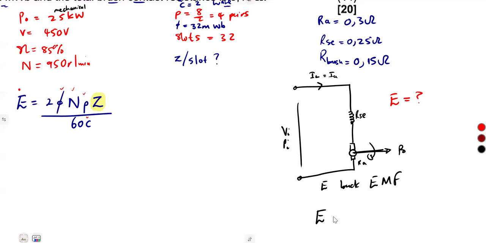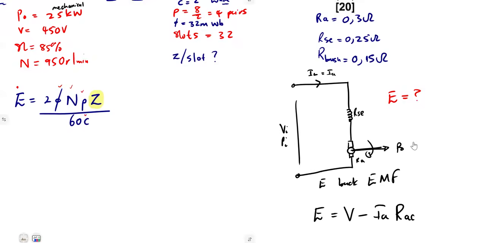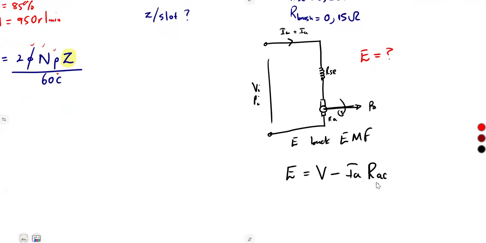So back EMF is equal to V minus armature current times the resistance of the armature circuit. The armature current is going to flow through the series and also through the armature. So it is covering that.